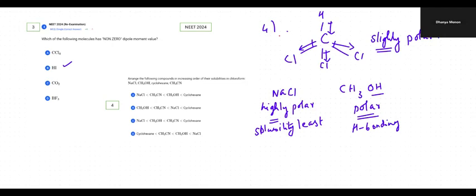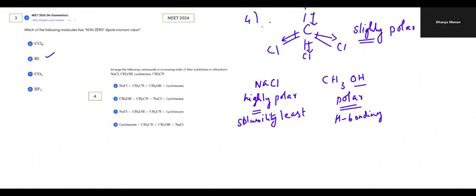That means these hydrogen bonds have to break first in order to be soluble in chloroform. So chances are there that they will also be less soluble. But it will be more soluble than NaCl, because NaCl is highly polar and this is just polar.